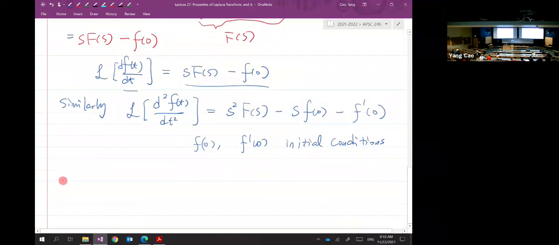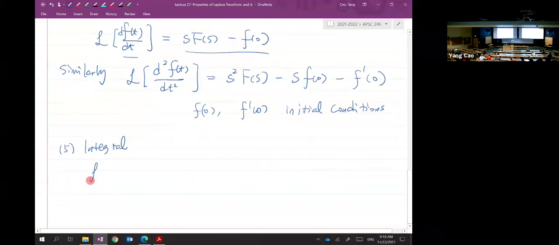Now this is number 4 and number 5, integral. You're looking at an integration of a function. So you integrate f of tau from 0 to t, and you end up with a certain function of t.